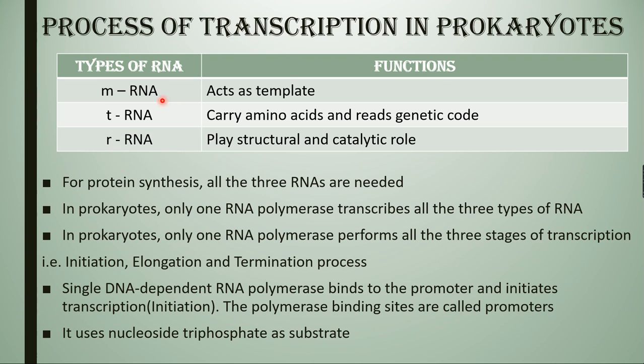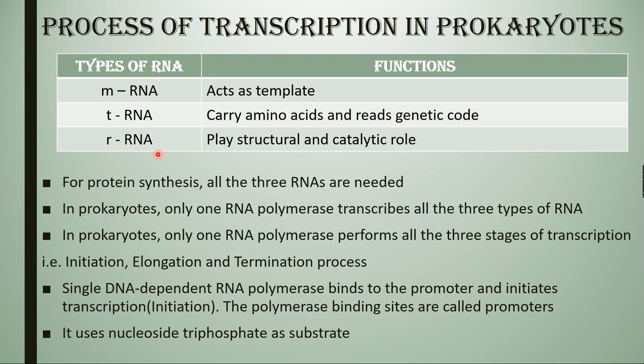What is the function of mRNA? It acts as the template, the basic strand. Transfer RNA carries the amino acid and can read the genetic code. That code we'll study in the next class.